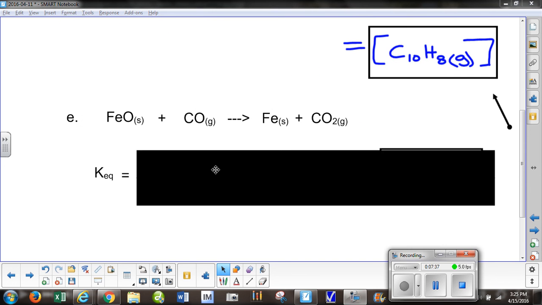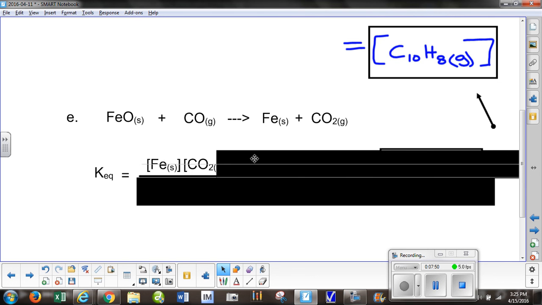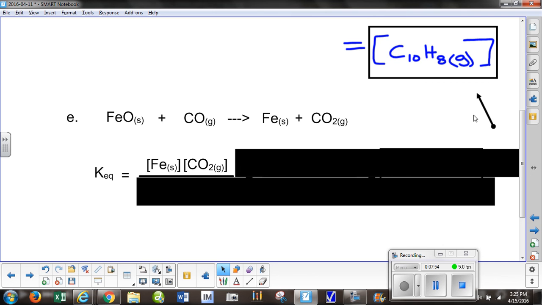So the case of equilibrium for this guy, of course we want to go to this side to get the top of our fraction, because products are always on the top. So we look at that and you see that we have the CO2 and the iron. There's no exponents because there's no coefficients in the balanced equation.